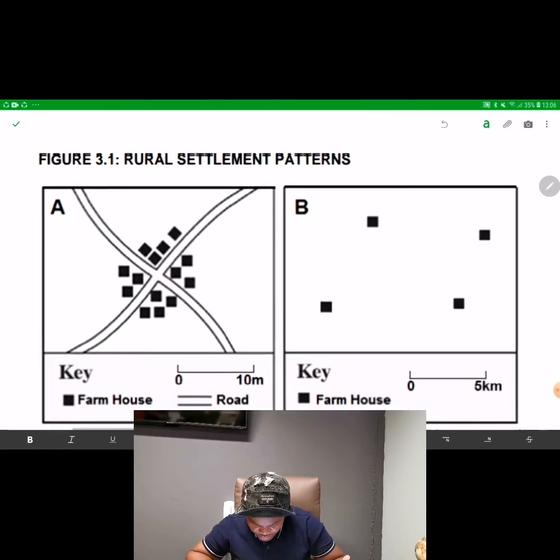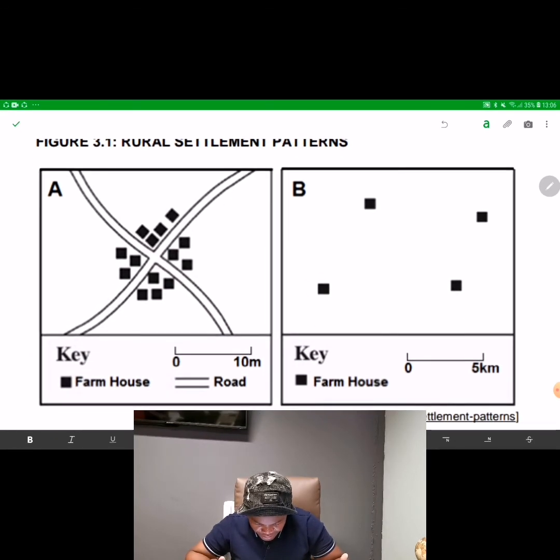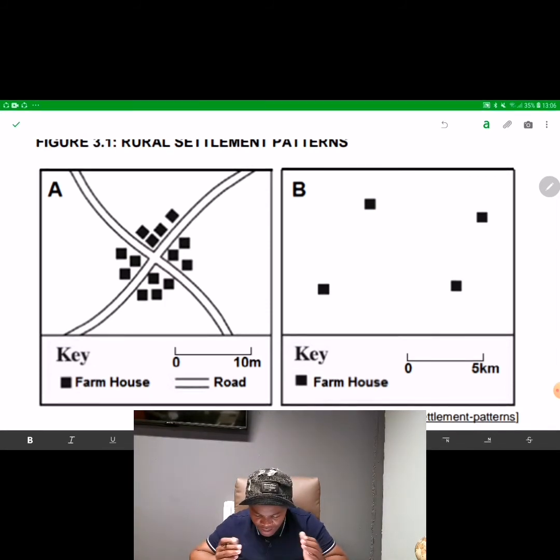And then you can just see here that A is nucleated. Why is that the case? Because there are many people, a group of people that are living together. I've said that when people are nucleated, it is whereby a group of people are living together. And you can see at area B that we have a dispersed settlement pattern.